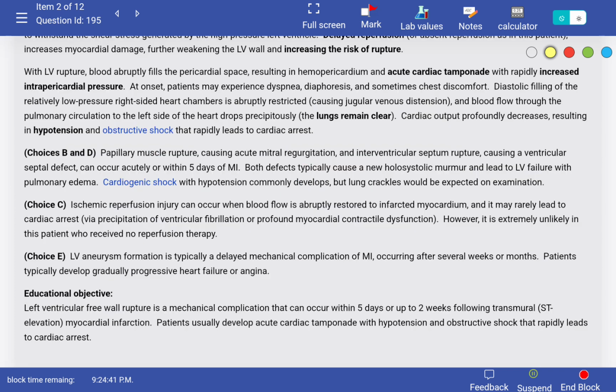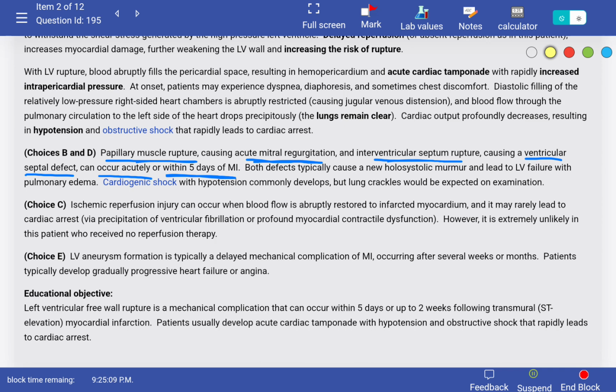Why not option B and D? Papillary muscle rupture causing acute mitral regurgitation, and interventricular septum rupture causing a ventricular septal defect, VSD, can occur acutely, within 2 to 3 days or within 5 days of MI.